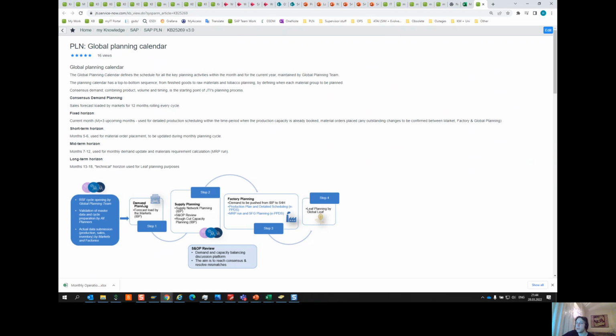We have demand planning, again supply, followed by factory planning, leaf planning as a standalone process, and between all these processes, we have the sales and operational planning review.